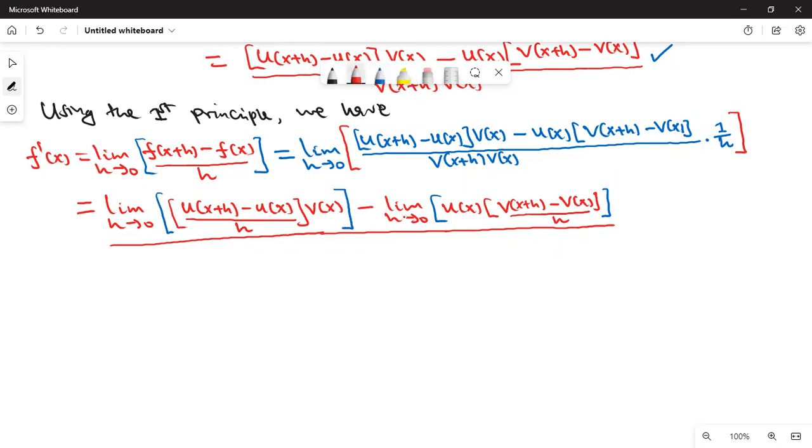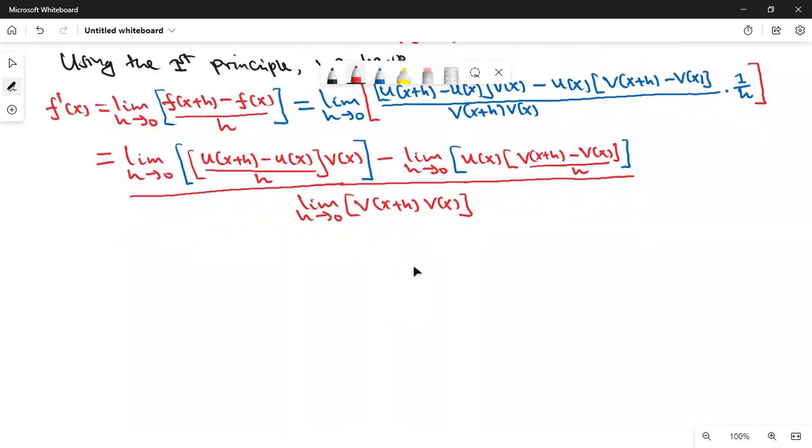Also the limit of the denominator, so over the limit as h approaches 0 of v of x plus h times v of x. See, limit properties of evaluating limits: you can distribute it to all those functions. Work out the numerator independently, then the denominator also take the limit as h approaches 0.